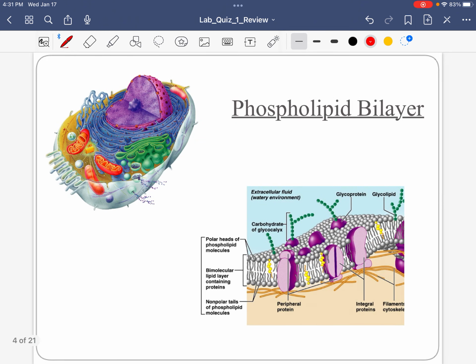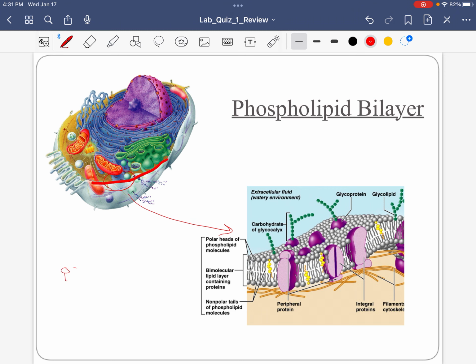The phospholipid bilayer, this should sound familiar and look familiar. You're going to talk about the cell with Dr. Mastrangelo in lecture. And if we zoom in on the cell membrane, let me make this wider. If we zoom in on just that outer covering, it actually, in reality, is a phospholipid bilayer.